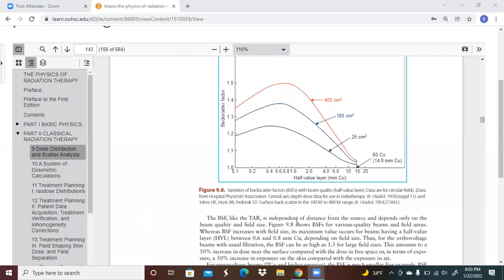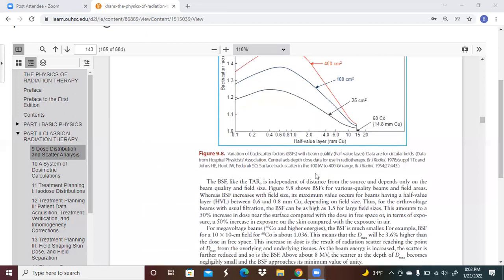Whereas the BSF increases with field size, its maximum value occurs for beams having a half value layer between 0.6 and 0.8 millimeters of copper, depending on the field size. Thus, for an orthovoltage beam with usual filtration, the BSF can be as high as 1.5 for large fields. That can be quite a bit.